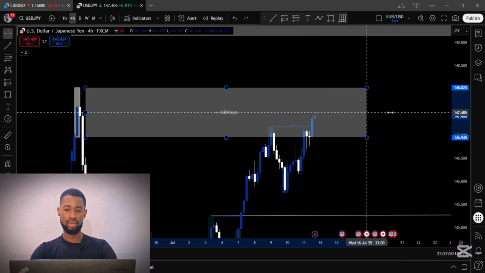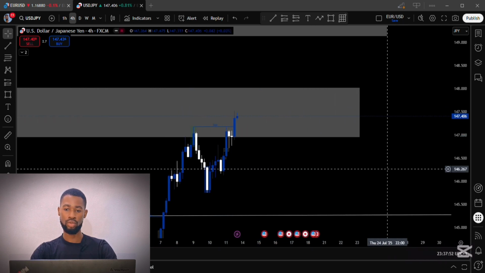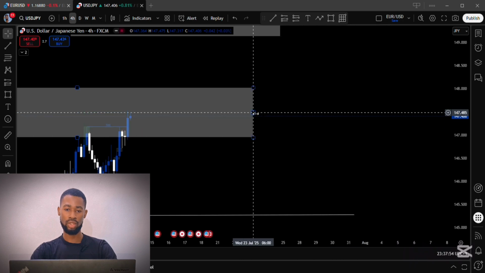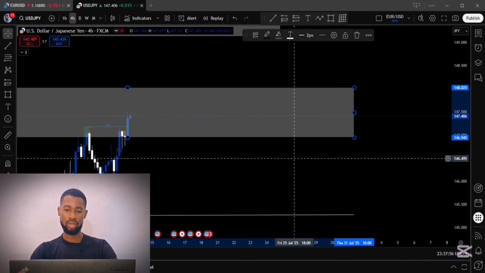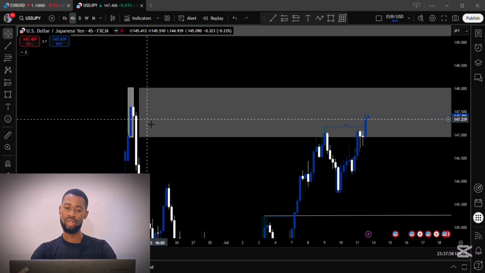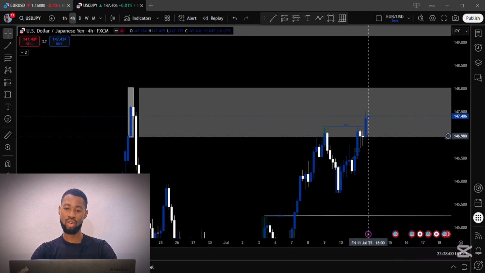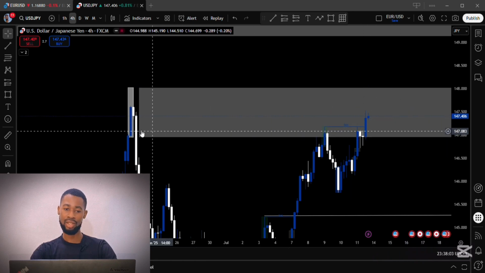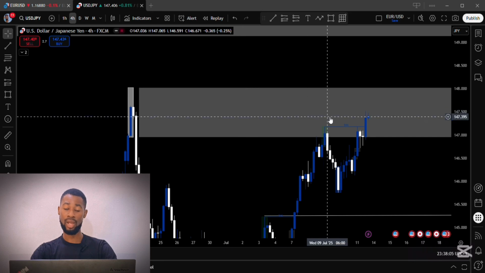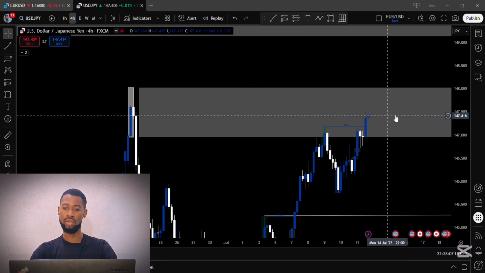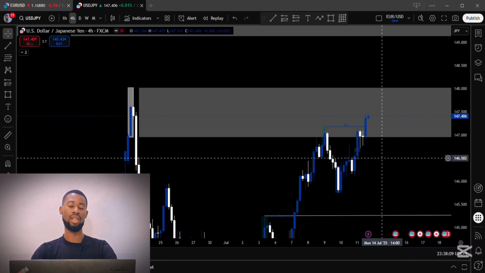So now you do not want to be going longs. Okay, you can, but you don't want to be going longs at this point because price is currently inside a 4-hour area of supply. It can break through it, fine, and it might not. So you want to stay and observe.